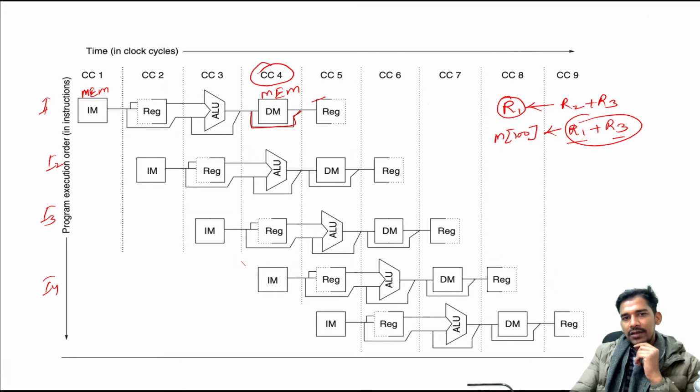In the 4th cycle we are accessing memory for data for instruction I1, and instruction I4 is also trying to access memory for the instruction. That means I4 is trying to fetch and I1 is trying to read the operand from the memory. So in the same cycle we are accessing the same resource. This may cause a structural hazard, that is a resource hazard, in which there is a resource conflict.